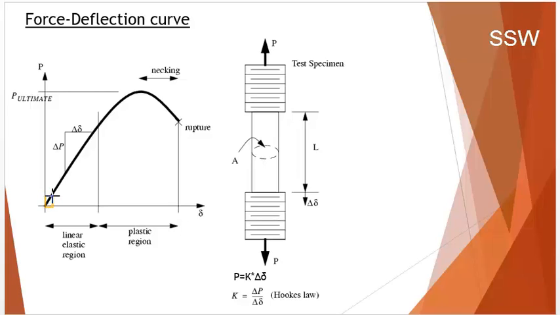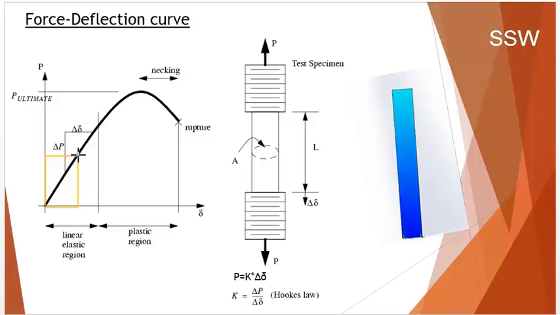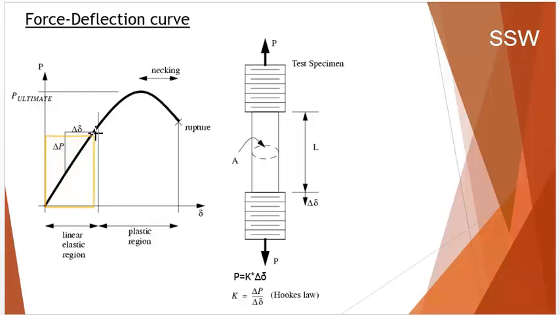As stated before, an increase of load leads to an increase in length. This is true only here, in the linear elastic region. Different materials have different curves, but the meaning is the same.